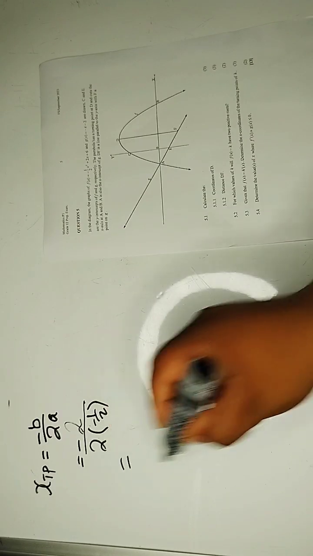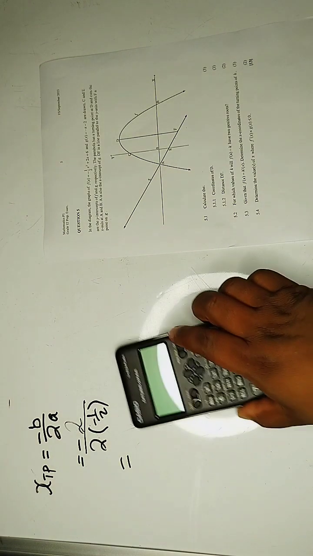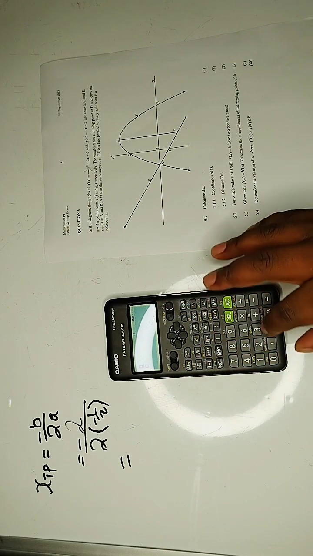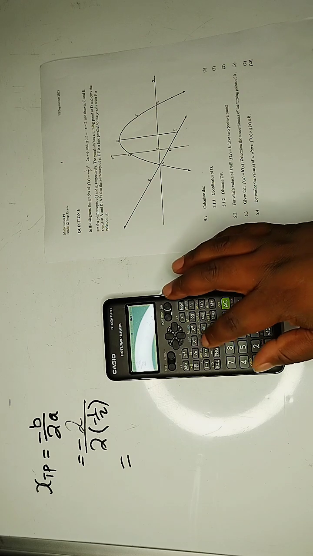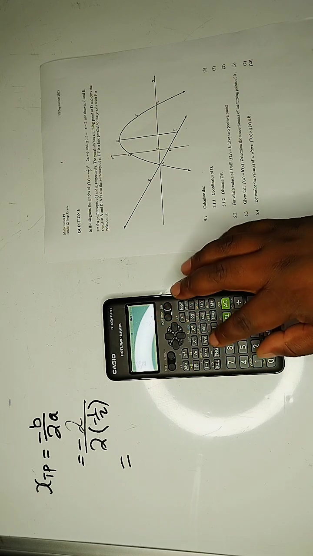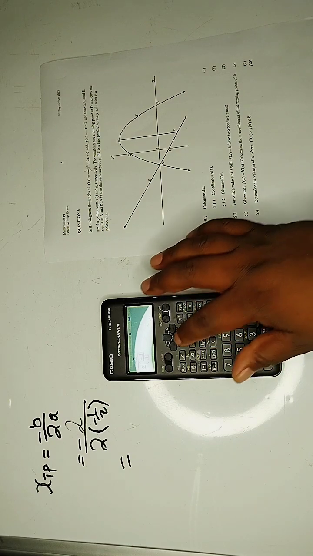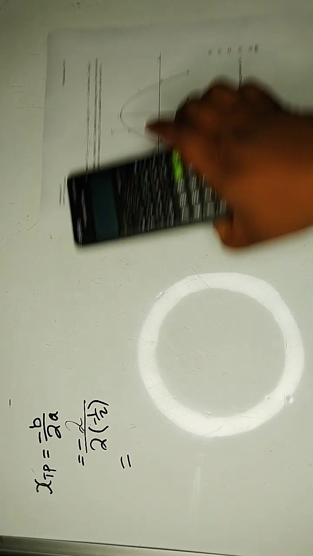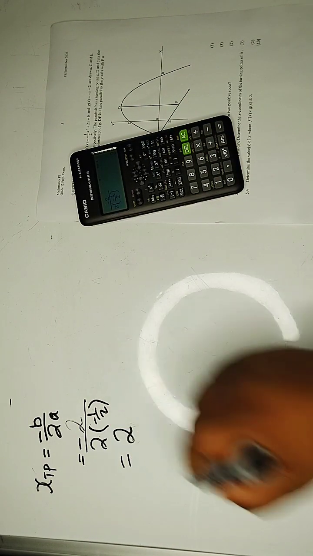I always say don't try to do this in your head in the exam. Use your calculator. So I'll have negative 2 over 2 into, open bracket, negative 1 over 2, close bracket. Your answer here will be positive 2.